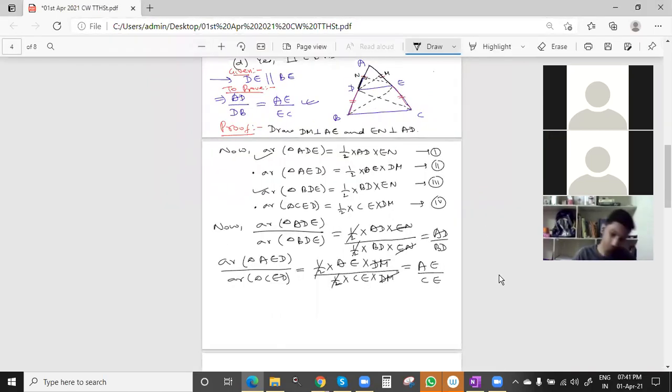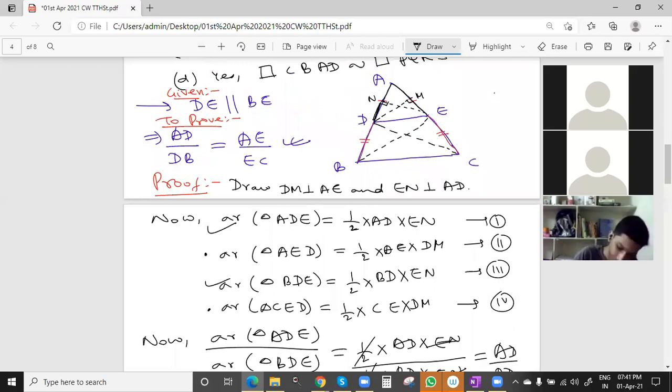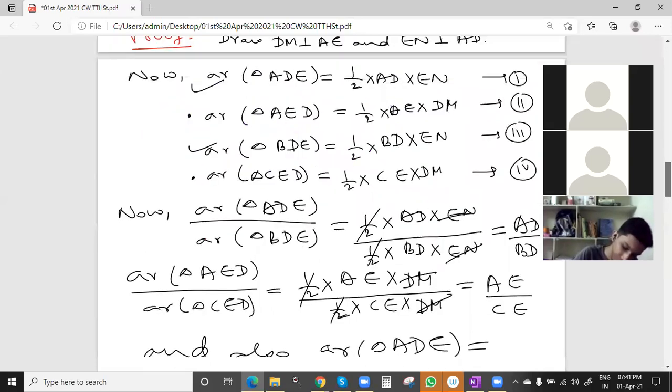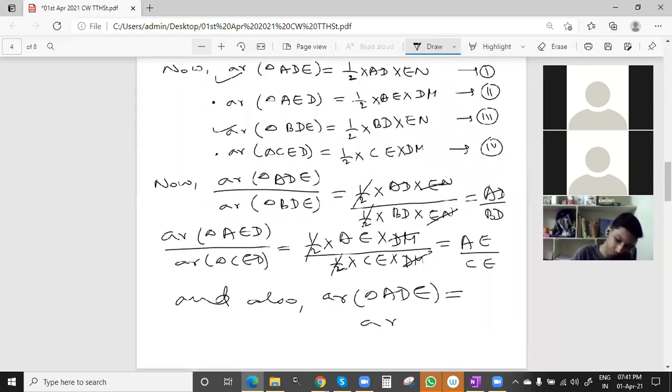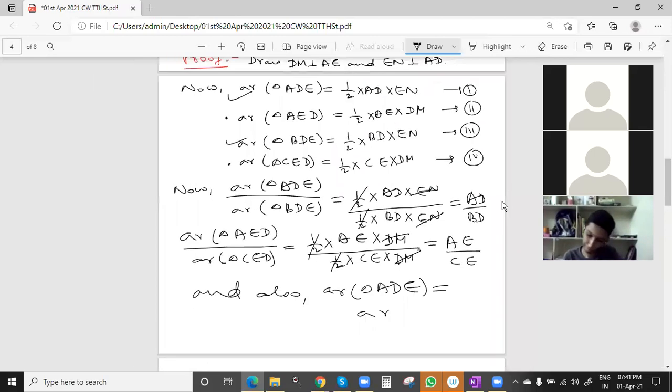Now we got the values. We can also write these four things in the proof. So area of triangle ADE is equal to area of triangle AED, because both are the same triangle, and area of triangle BDE is equal to area of triangle CED.